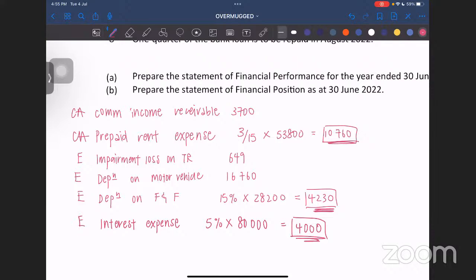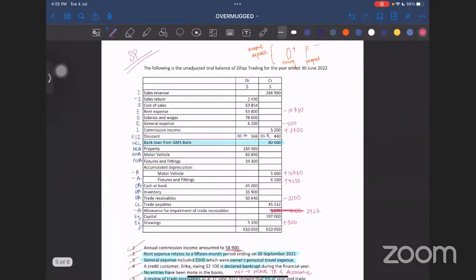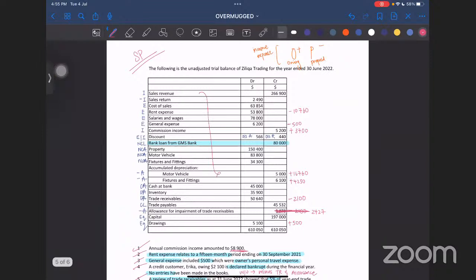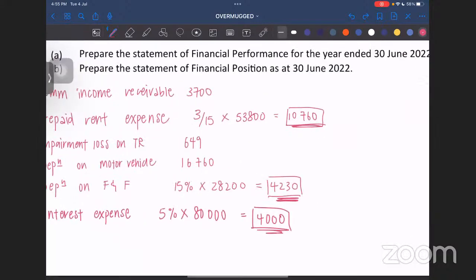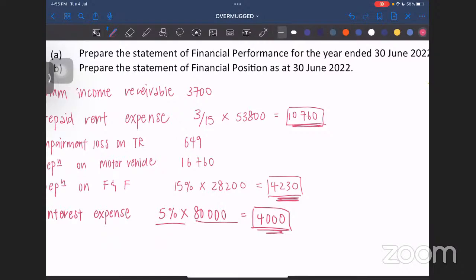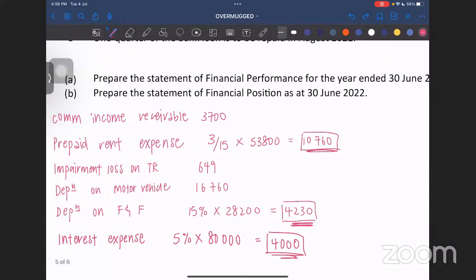Interest is an expense. So from my trial balance, I can see that I don't have any interest, so I will need to create the account interest expense. And I know that it's 4,000, because I simply take the interest rate multiplied by the principal amount.